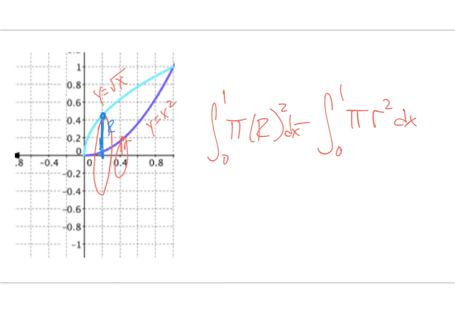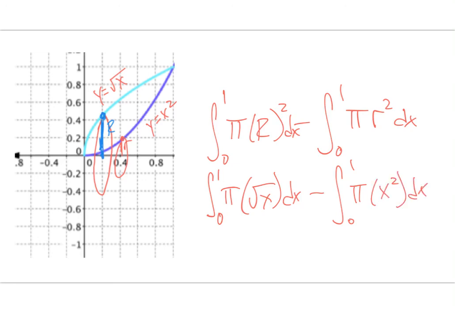They may not actually be those functions, but those are close enough for our purposes. Okay, so converting this, we're looking at 0 to 1 pi square root of x dx minus 0 to 1 pi x squared dx.